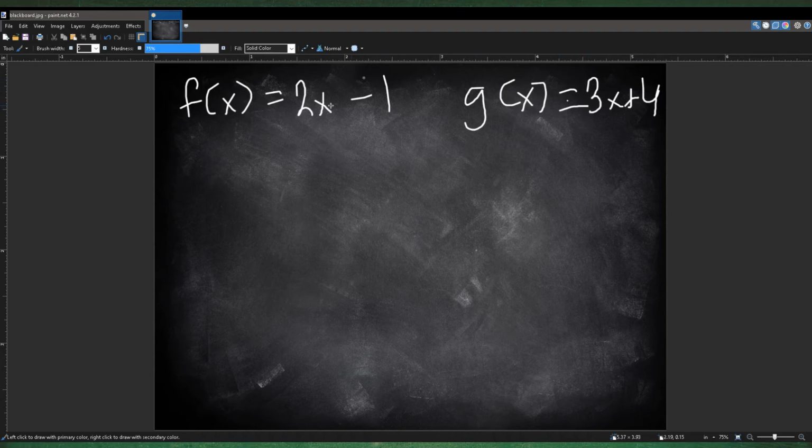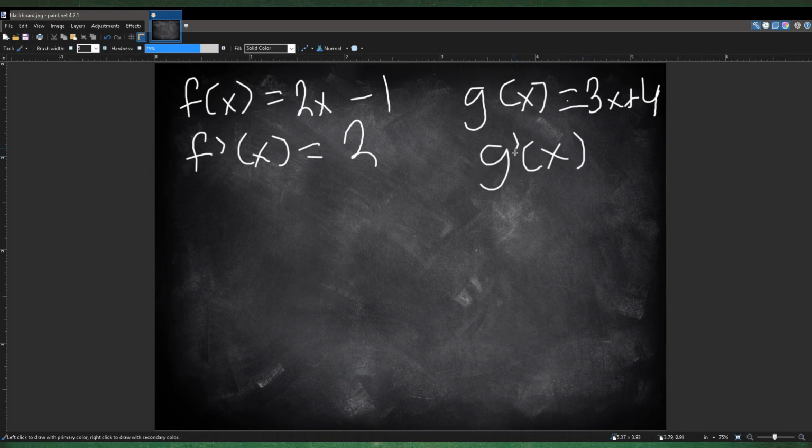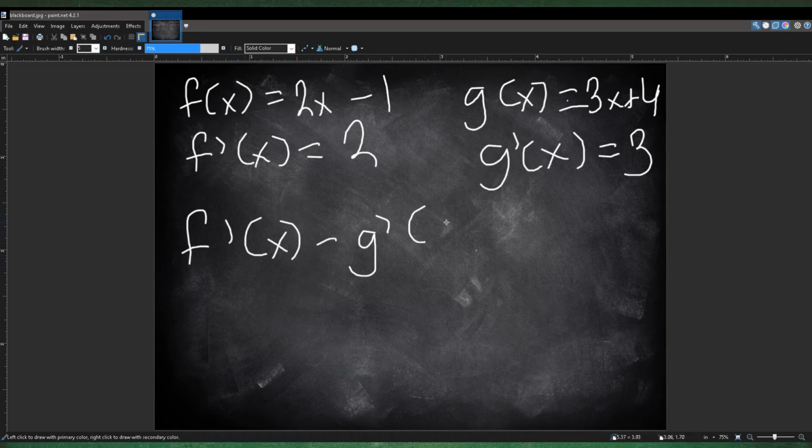Okay, we're not going to do the derivatives again because I just showed a few minutes ago that the derivative of f is 2 and the derivative of g is 3. So we're just going to use this idea. So we have the derivative of f minus the derivative of g, which is just 2 minus 3, which is negative 1.